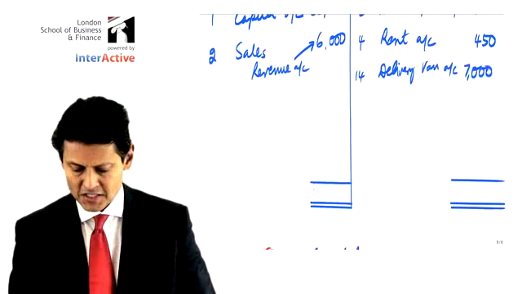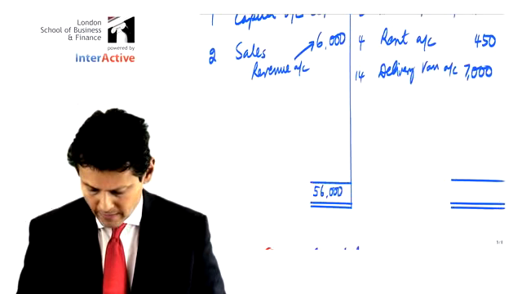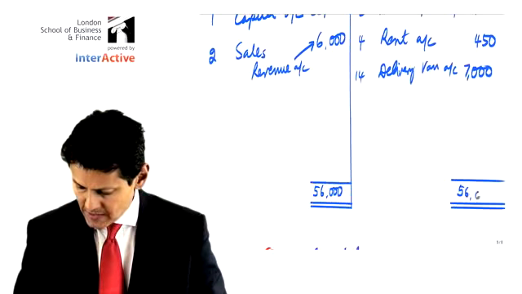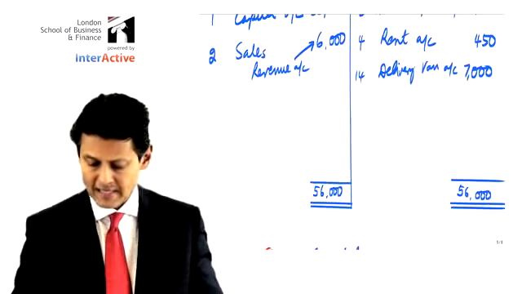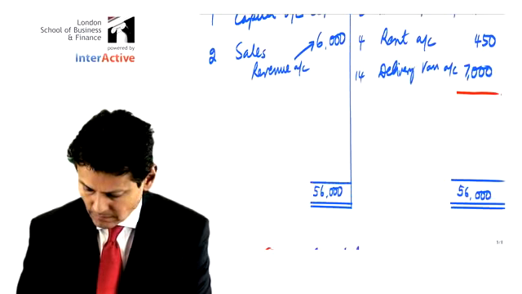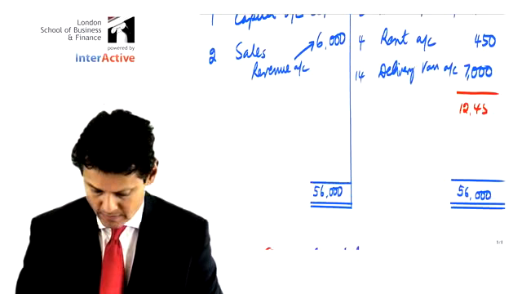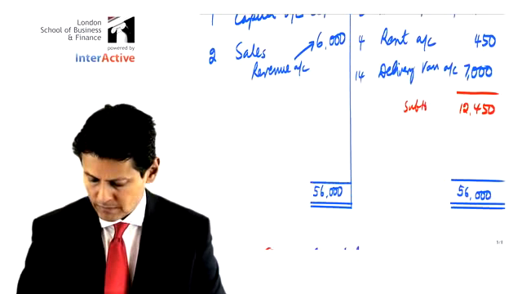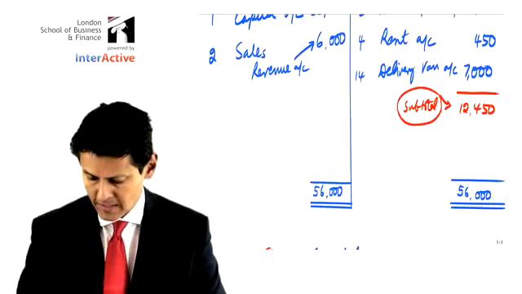Put the heavier side in and put that onto the lighter side. Then add up the lighter side, which stands at 12,450. It's almost like a subtotal. Indeed, that is what it is.